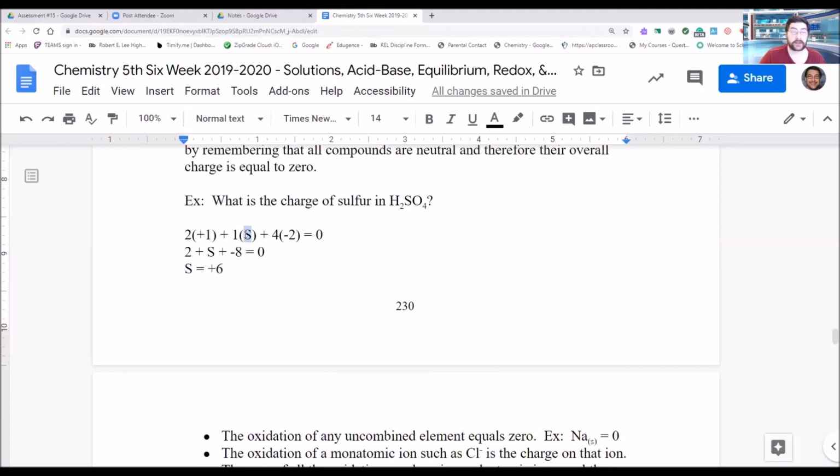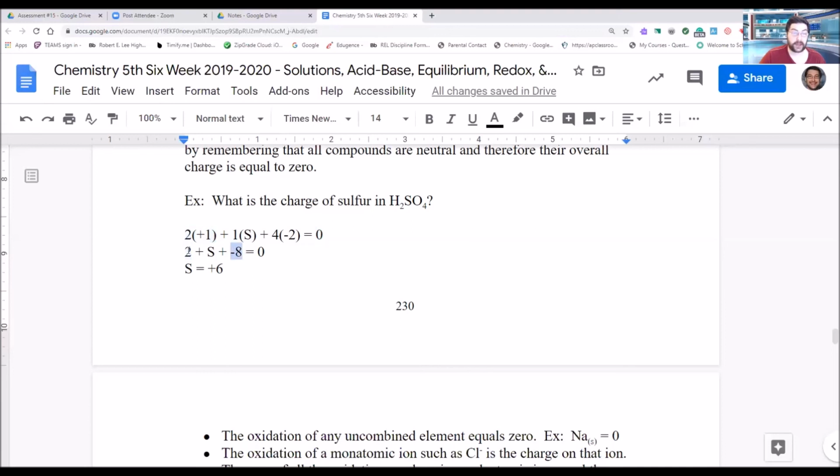We don't know what the oxidation state of sulfur is, but we know that we only have 1 of them. And then we know that we have 4 oxygens, and oxygen can only be a -2 charge. And then all of that has to add up to be 0. All right, so 4 times -2 gives me -8, and 2 times +1 gives me +2.